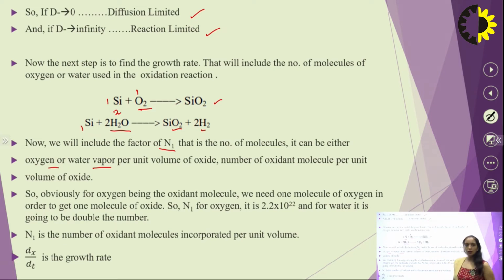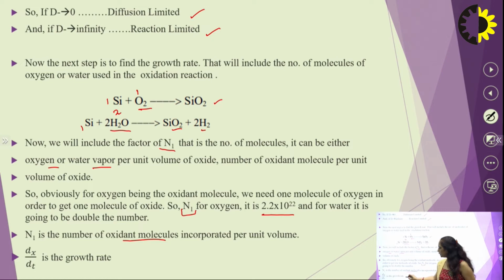Obviously, if you are using oxygen as the oxidant molecule, we need to have only one molecule, and if we are using water particles, we will double that number. So for example, for oxygen, N1 will be equal to 2.2 into 10 raised to the power 22, and for water it is going to be double, where N1 is the number of oxidant molecules that are incorporated per unit volume.